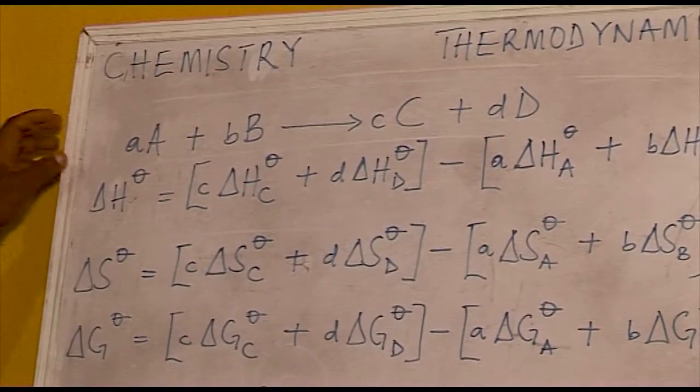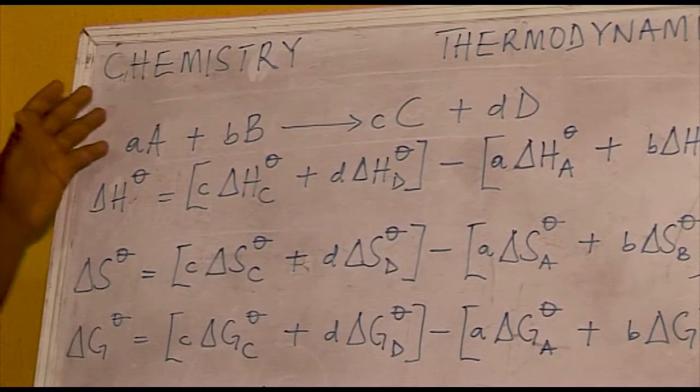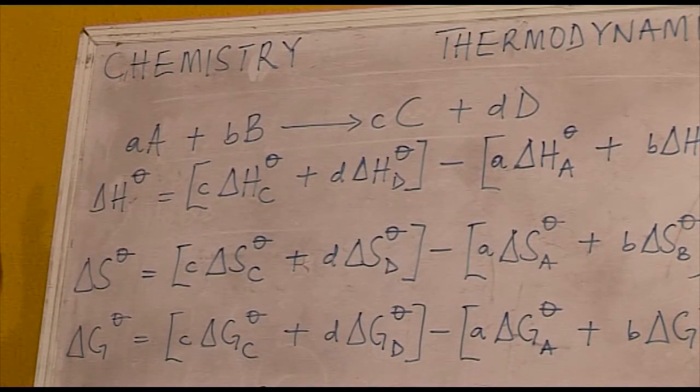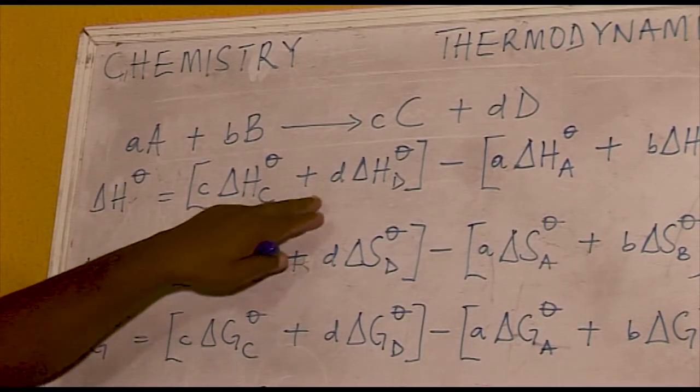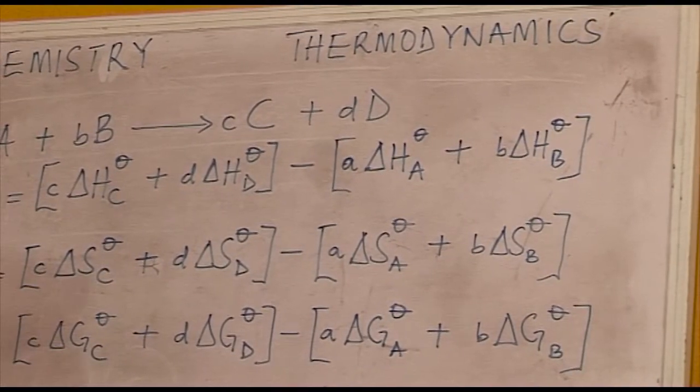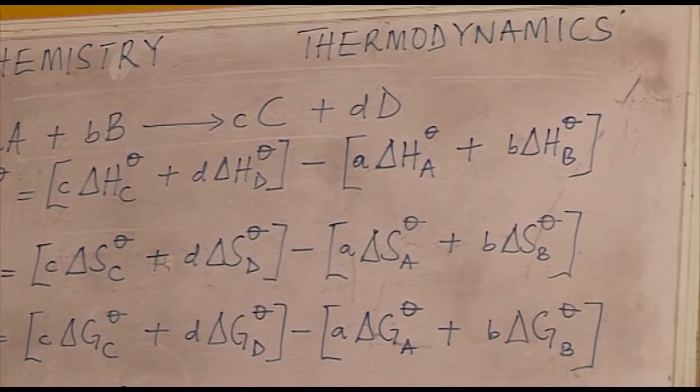All we need to do is to have a balanced reaction, then have this system. The standard enthalpy change is equal to the sum total of the enthalpy of the products, as it is stated here, minus the sum total of the enthalpy of the reactants. So if at the end of the day the result is negative, we say it is an exothermic reaction. And if the result is positive, we say it's an endothermic reaction.